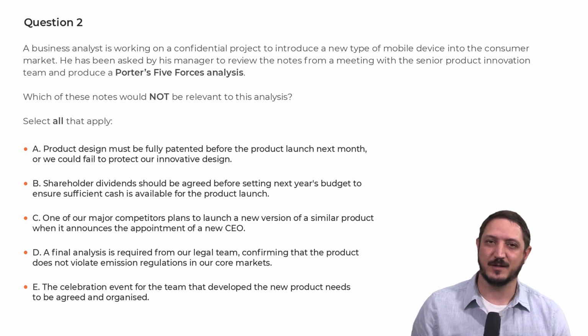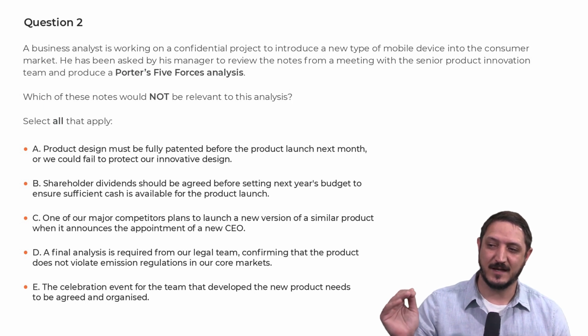Just be careful, because a very common mistake for students is to read through a question and start focusing on the information without clearly understanding what is being asked. They might select the incorrect answers based on what is part of Porter's 5 forces analysis.